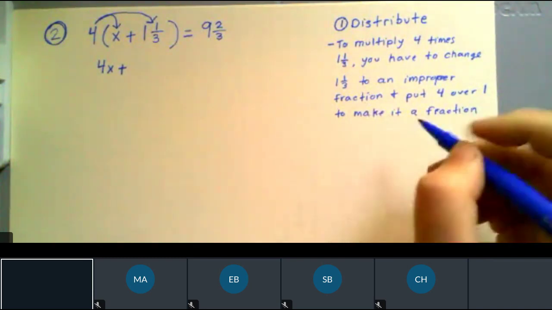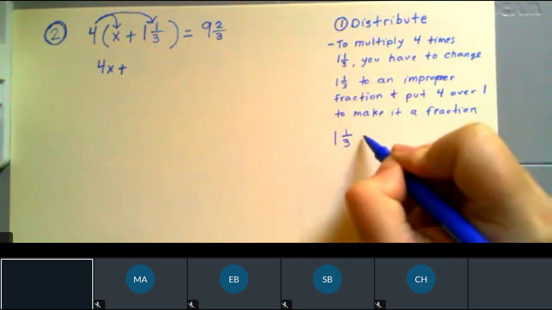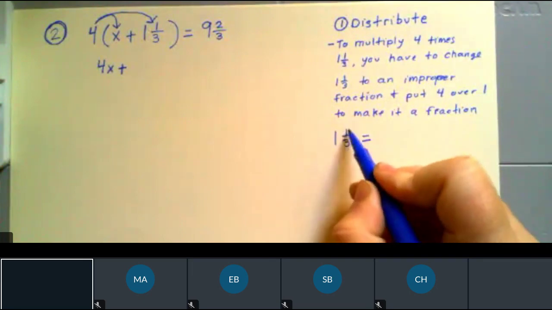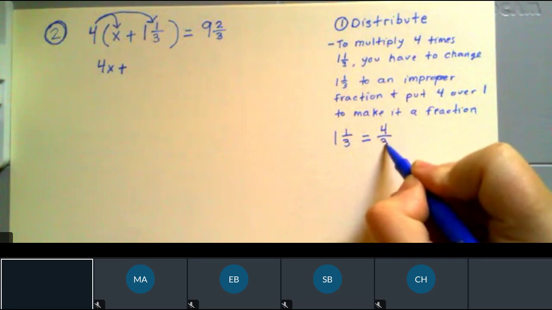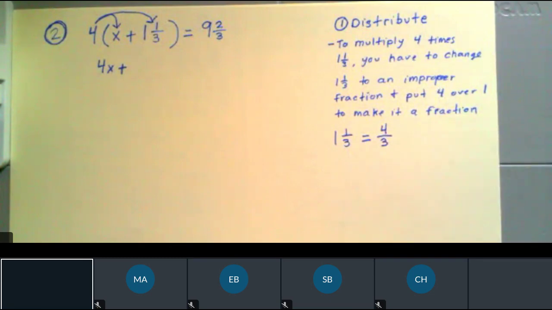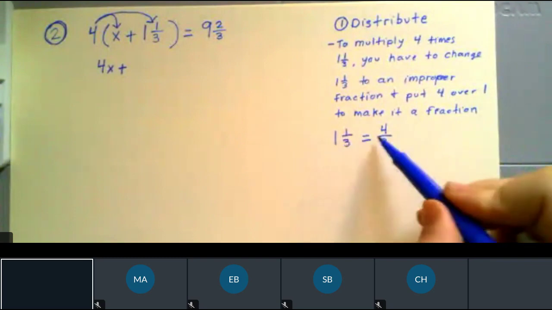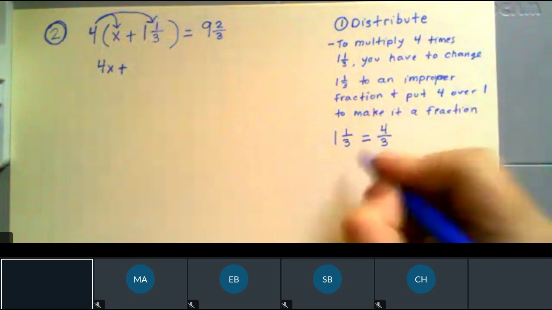Okay, so 1 1/3 is equal to 3 times 1, which is 3, plus 1 more, which is 4. And then you keep the denominator, so 4/3. Okay, so 1 1/3 is equal to 4/3, but we have to multiply 4 times 1 1/3.